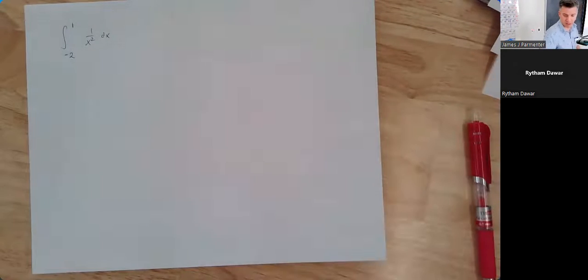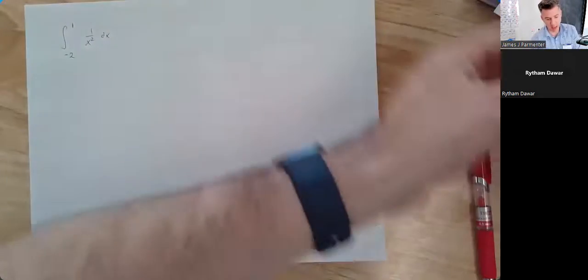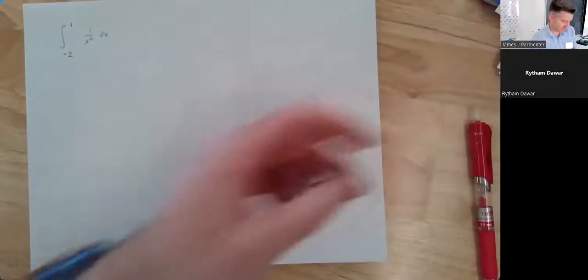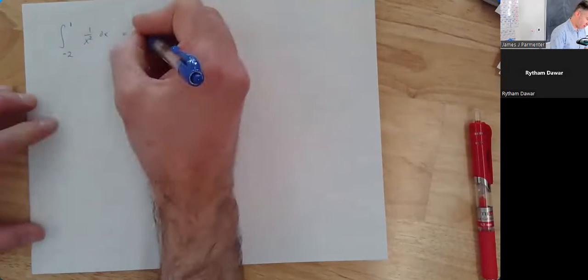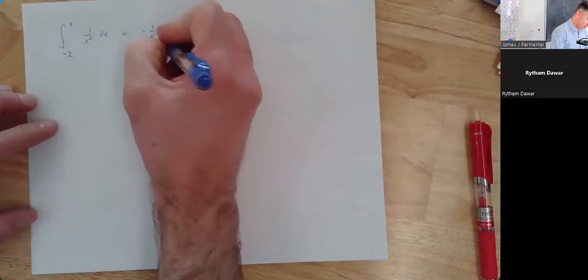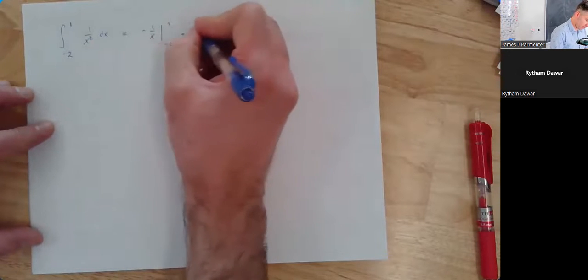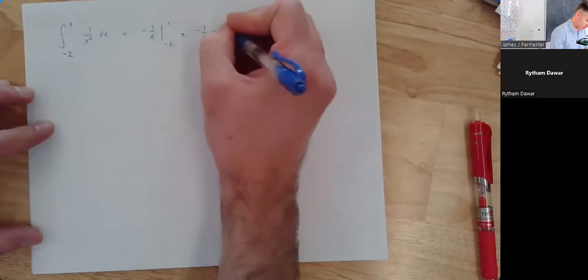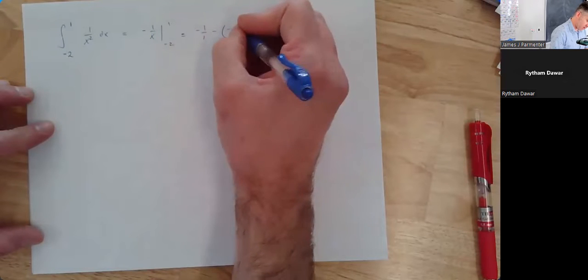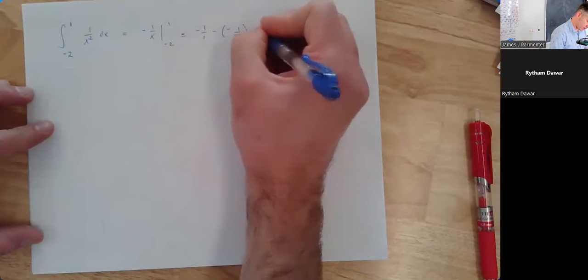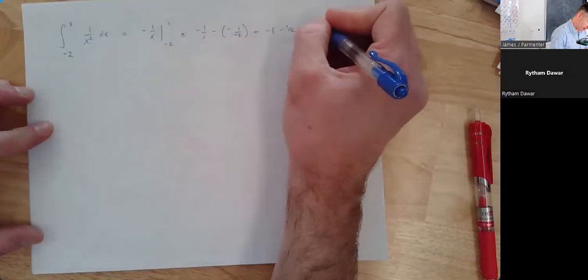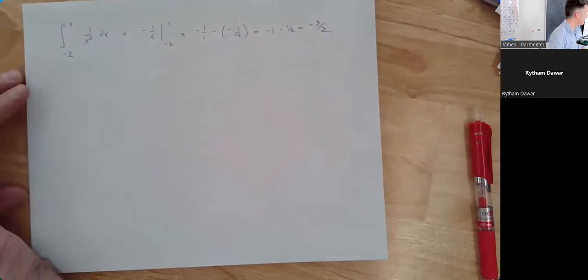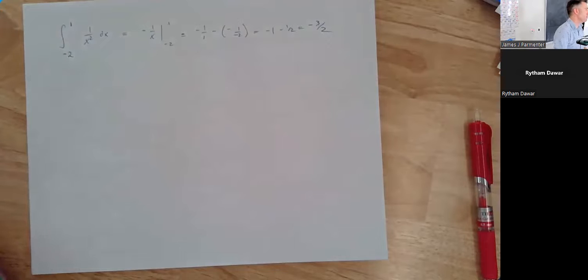If you weren't paying attention, you might accidentally say that the integral of 1 over x squared is -1 over x, from -2 to 1, and then you get -1 over 1, minus -1 over -2, which is -1 minus a half, which is -3/2. And that is definitely wrong.